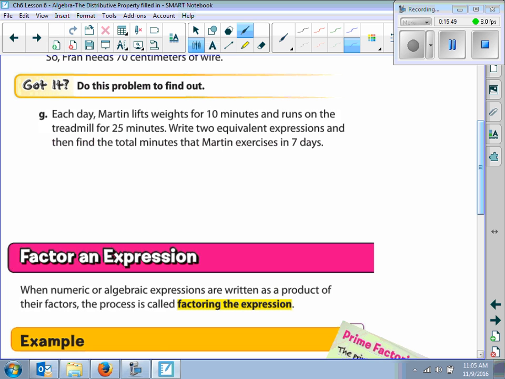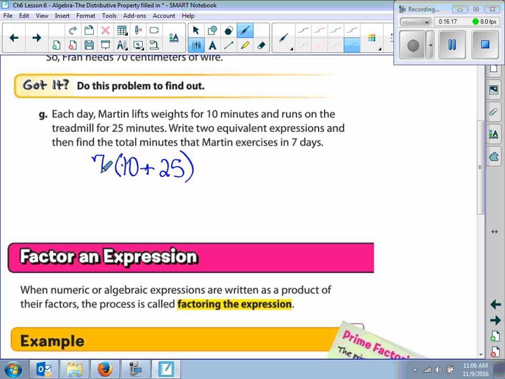Okay, so we've got 10 minutes lifting weights plus 25 minutes on the treadmill. That's for one day. But we want to know how many minutes he exercises in 7 days. So that gets multiplied times 7. Very good. And there is our expression that we're going to simplify using the distributive property.